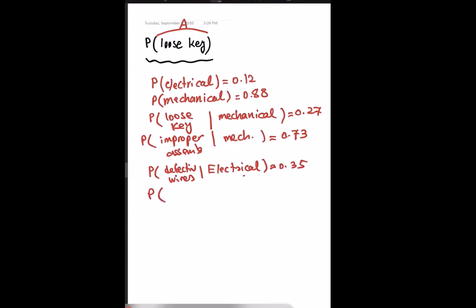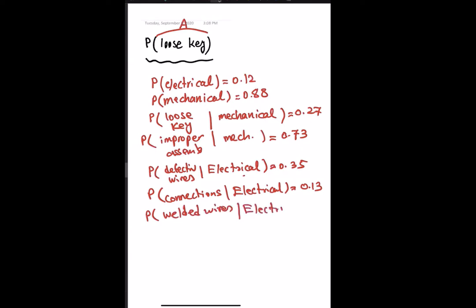They are related to improper connections, given that they are electrical, 13% of the time, and they are related to welded wires, given that they are electrical, 52% of the time. Okay, so this is what is given to us in the problem statement.